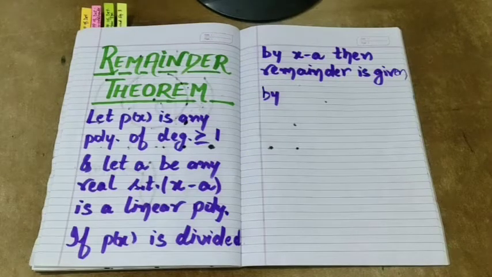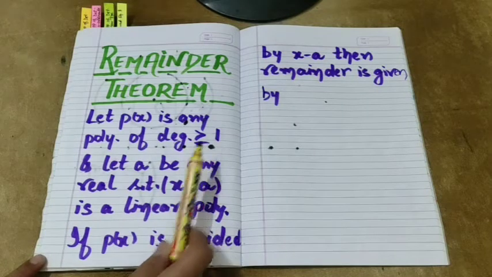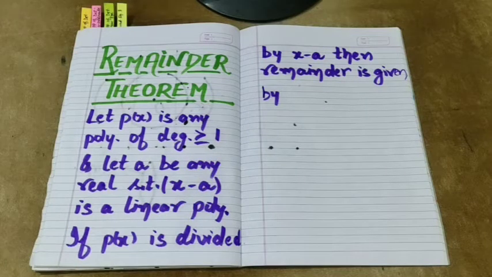The remainder theorem states that let p(x) be any polynomial of degree greater than or equal to 1, means p(x) may be a linear polynomial, it may be quadratic, it may be cubic, or it may be a biquadratic polynomial. Means p(x) should be a polynomial of degree greater than or equal to 1.